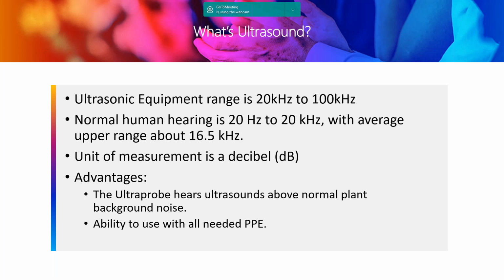Essentially 40 kilohertz is our sweet spot for listening to these leaks, whether it's an air leak or vacuum leak. You're also able to use it with your typical PPE, so your safety glasses, hard hat. Most of our headsets are hard hat style, so it's comfortable to wear with a hard hat, as well as a safety vest, that sort of thing.